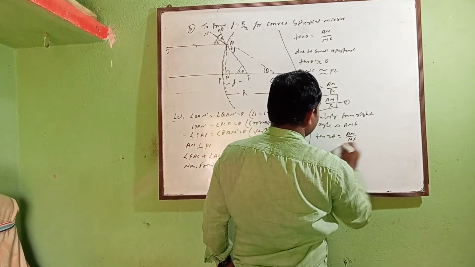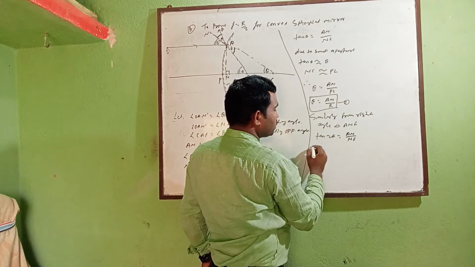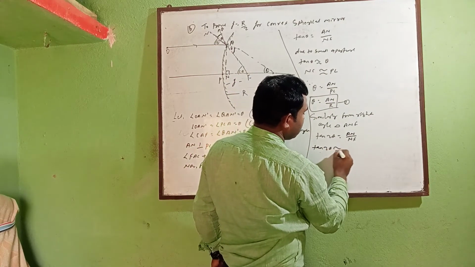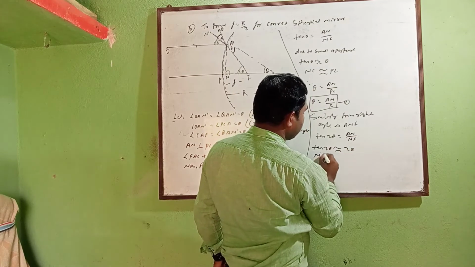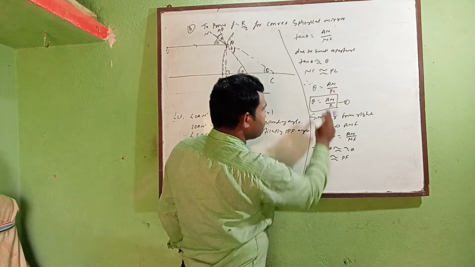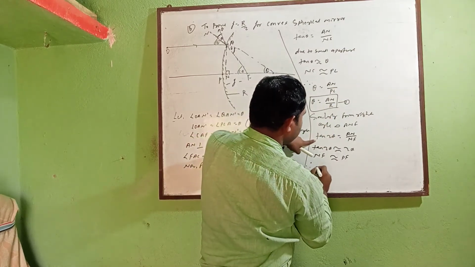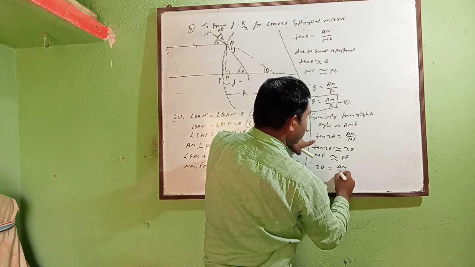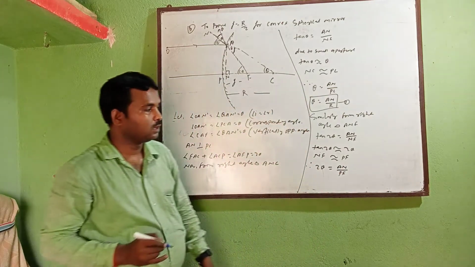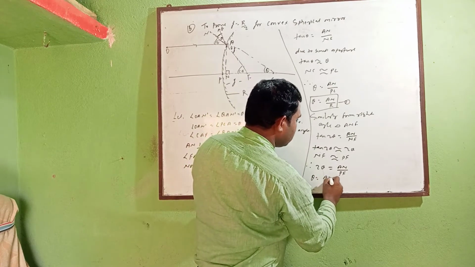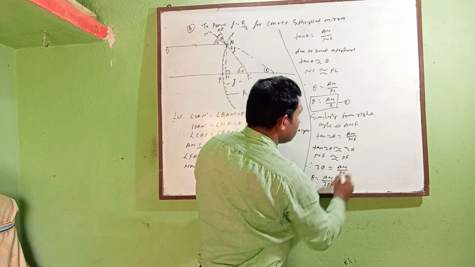The same condition applies here, so tan 2 theta is approximately 2 theta and NF is approximately PF. Putting this value, 2 theta equals AN by PF. And the 2 goes downwards, so theta equals AN by 2PF.